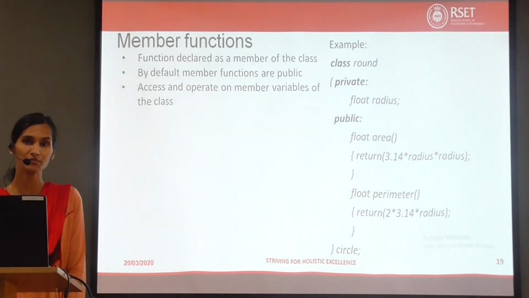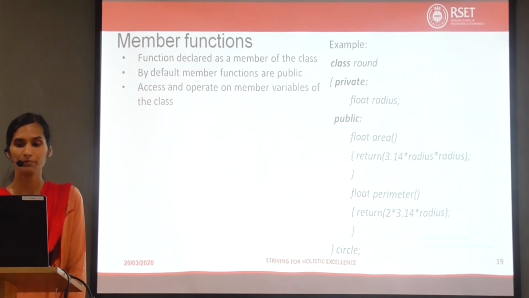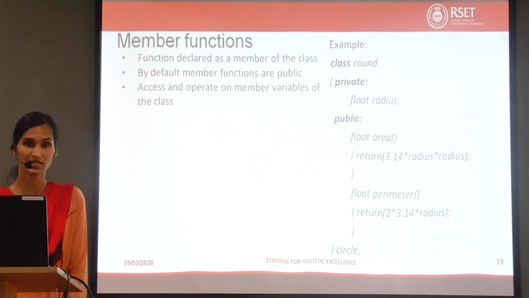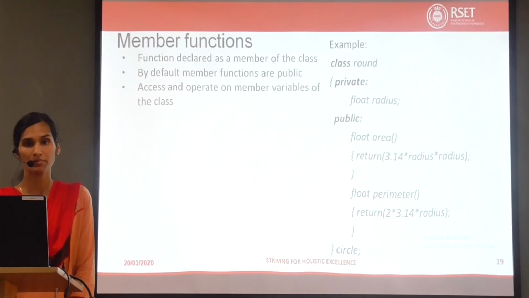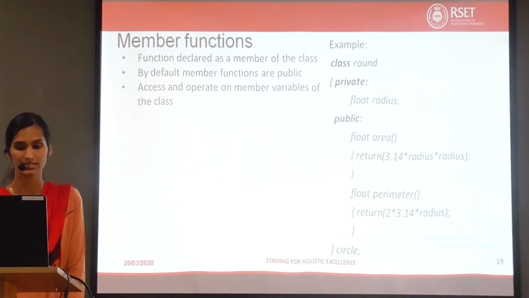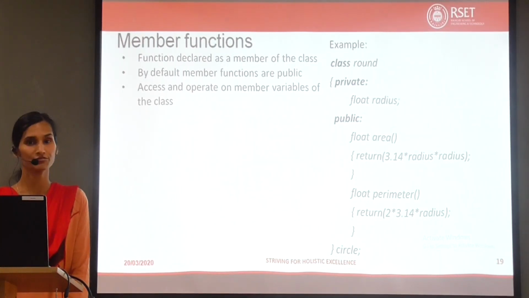I have made the radius a private variable, and in public I have made the member functions. You can see the area and perimeter are the functions which we have specified inside the class definition. So this is an example of how you can define member functions and member data inside a class. Radius is a member data, area and perimeter are member functions.